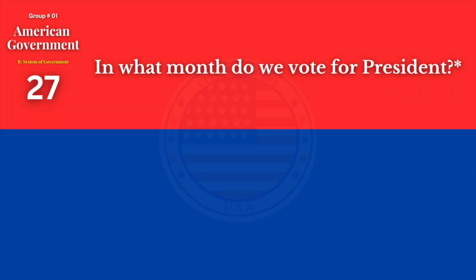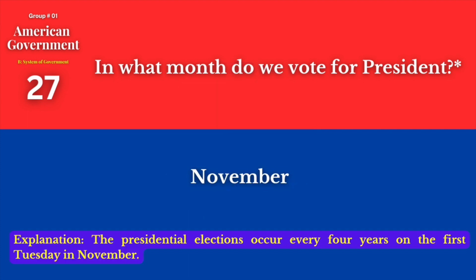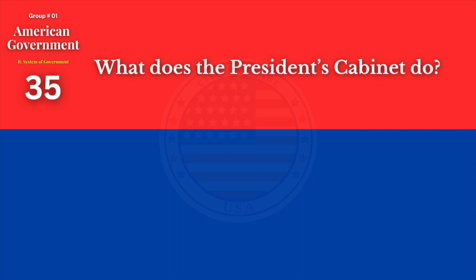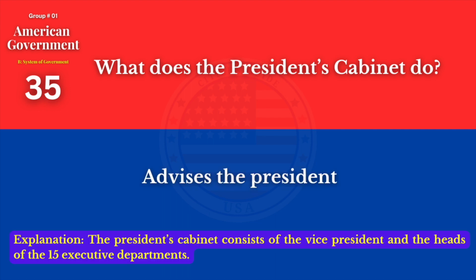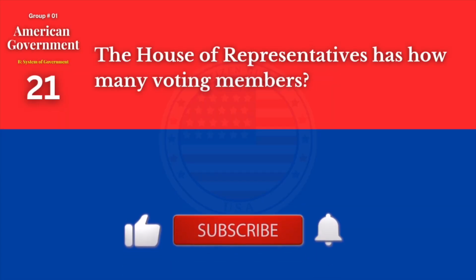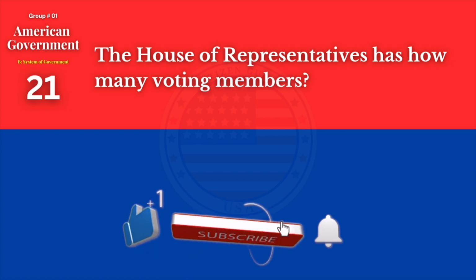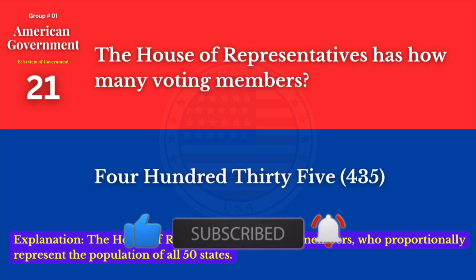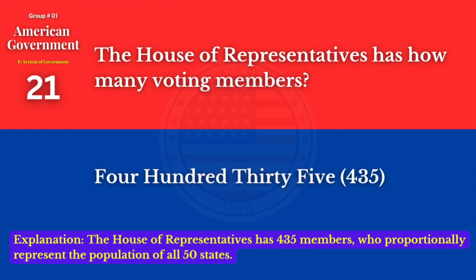In what month do we vote for president? November. What does the president's cabinet do? Advises the president. The House of Representatives has how many voting members? 435.